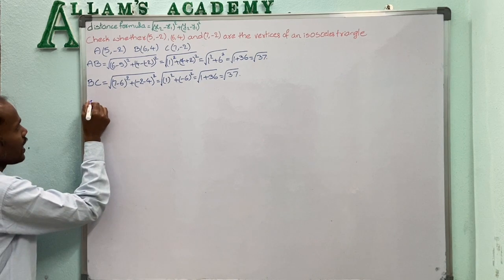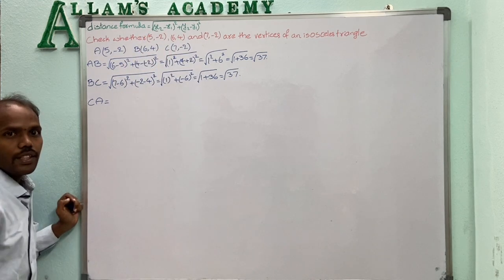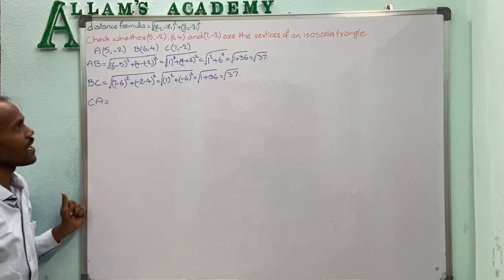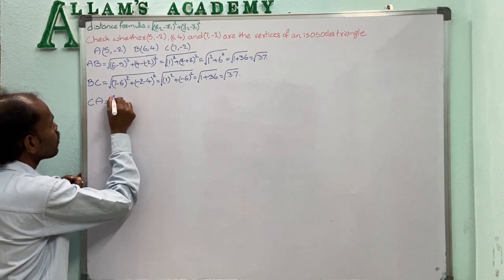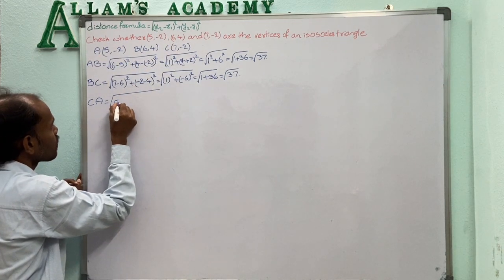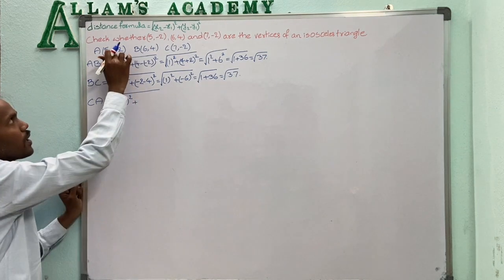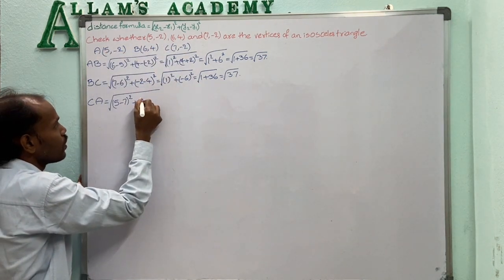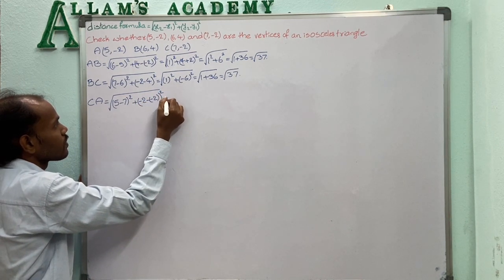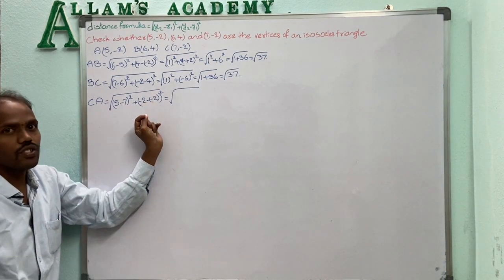Now finding the length of the side CA. Here point C will be taken as x1, y1 and point A will be taken as x2, y2. That means under root (5 minus 7) whole square plus (minus 2 minus of minus 2) whole square. 5 minus 7 equals minus 2, minus 2 minus of minus 2 is plus 2.